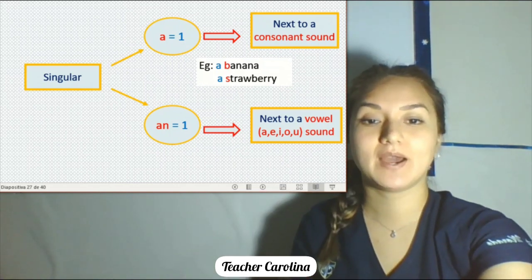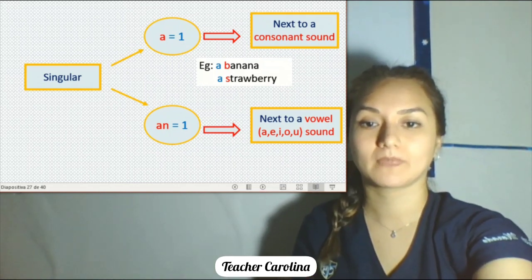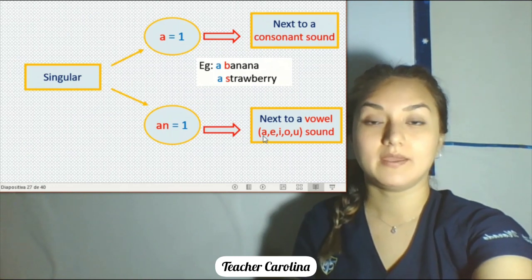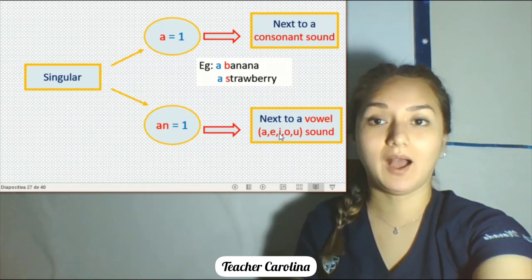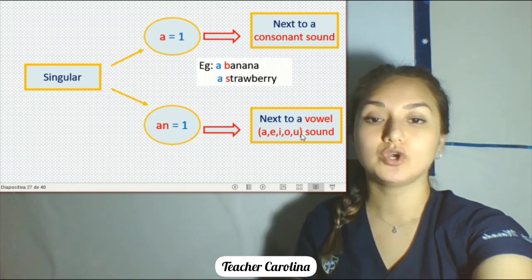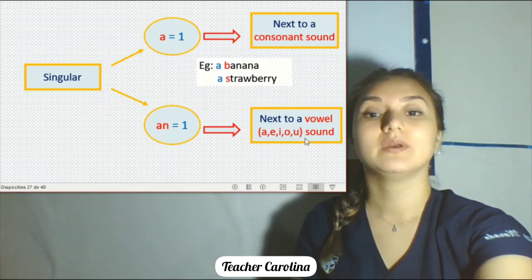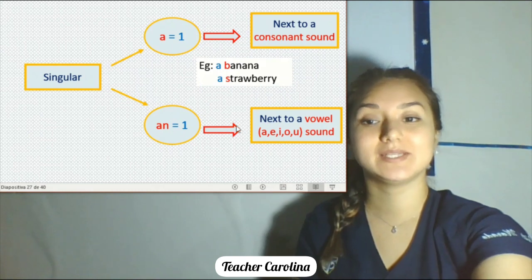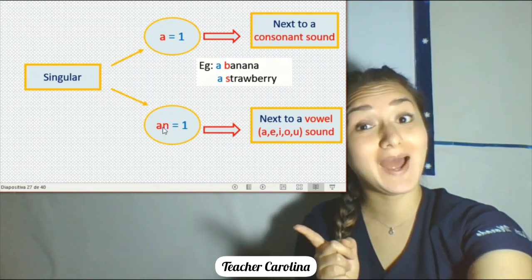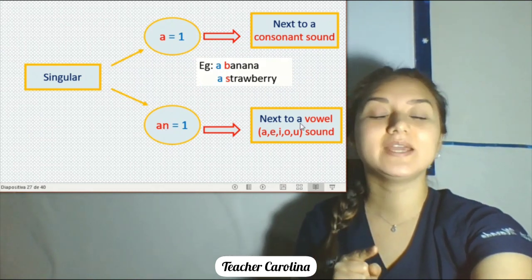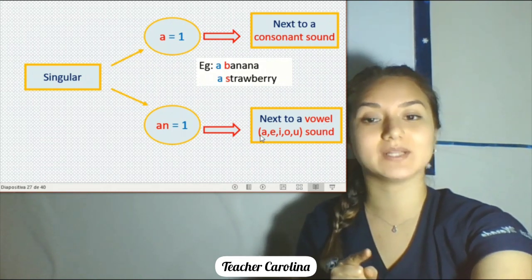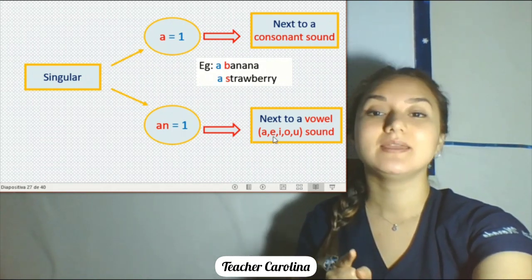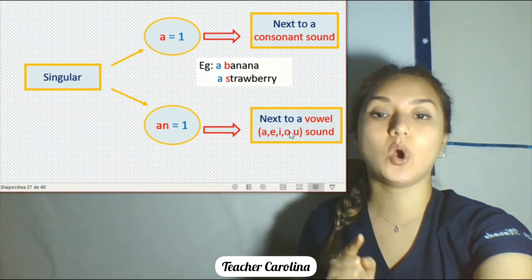In here you have the example: A, E, I, O, U. It says that you are going to use an next to a vowel sound. Which are the vowels? A, E, I, O, U.